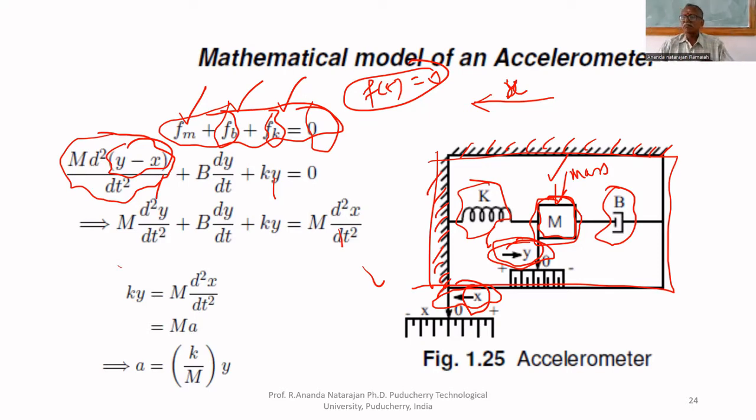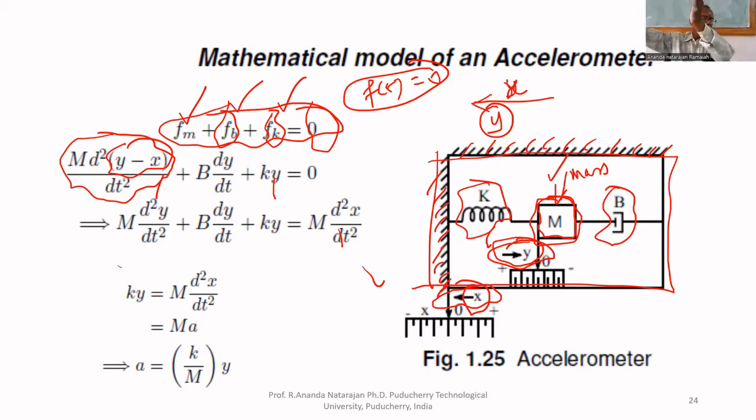At the same time, this mass moves to the right by a displacement of y. Now, what is the net displacement of the mass? x is moved this much, from this end to this end, but because of y, it comes a little bit less. What is the total displacement from this one to this one only?